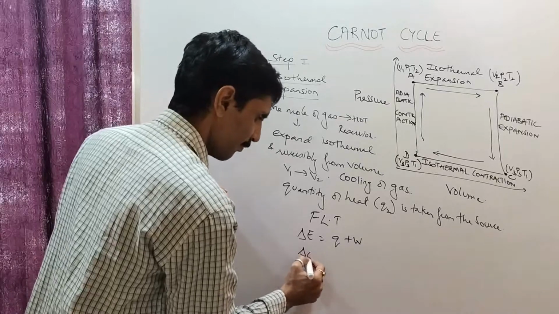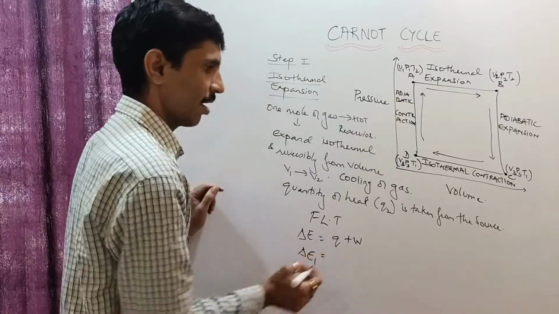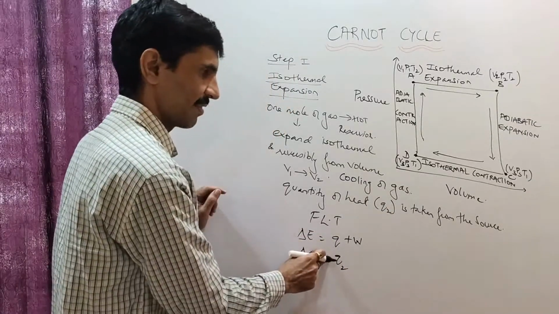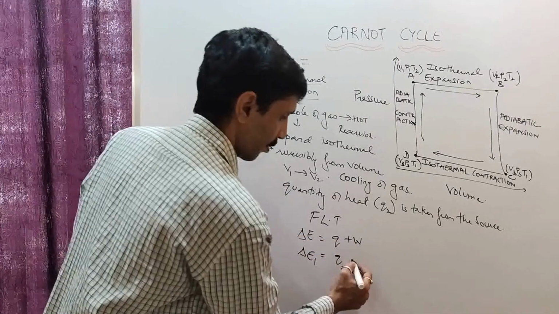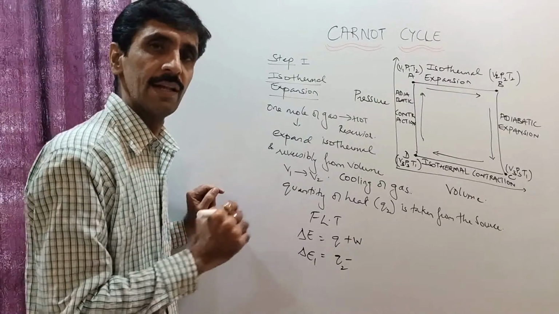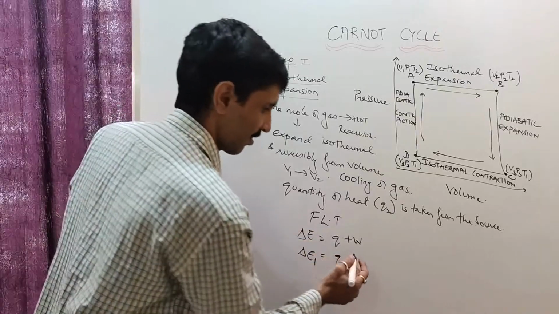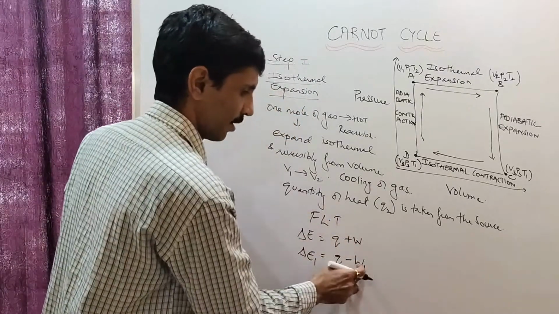Because it's the first step, I write it down as delta E1. The amount of heat absorbed here, I call Q2, and because it is absorbed, it is positive. Next, the work is done by the system and therefore I introduce a negative sign. You know the sign conventions very well: the work done by the system is negative, on the system is positive. So I write minus W1 because this is the first step.